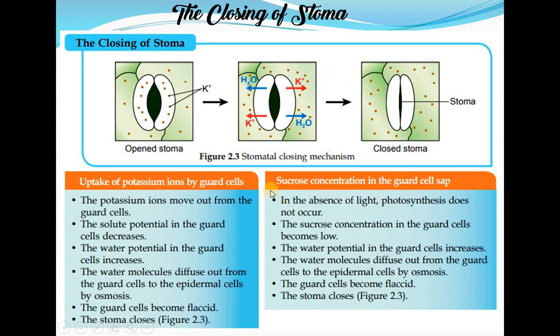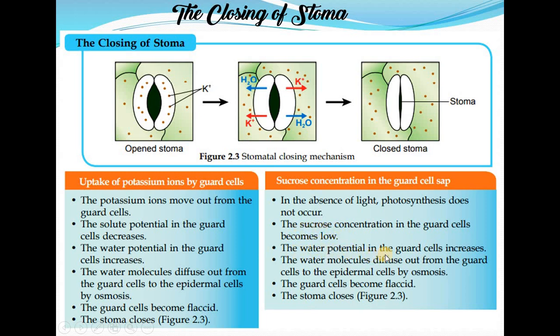Second factor, the sucrose concentration in the guard cells. In the absence of light, usually at night, photosynthesis does not occur, so the sucrose concentration in the guard cells becomes low.